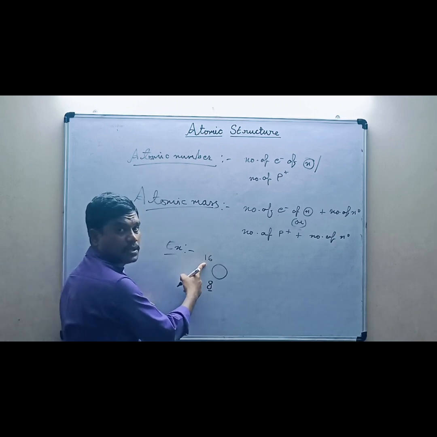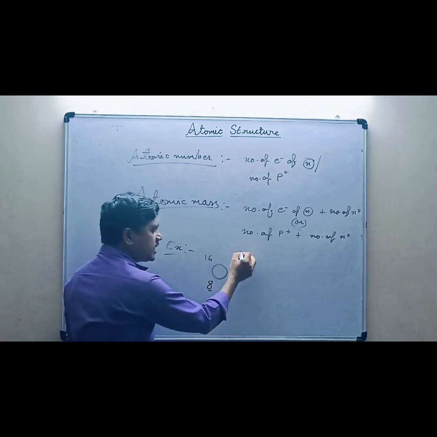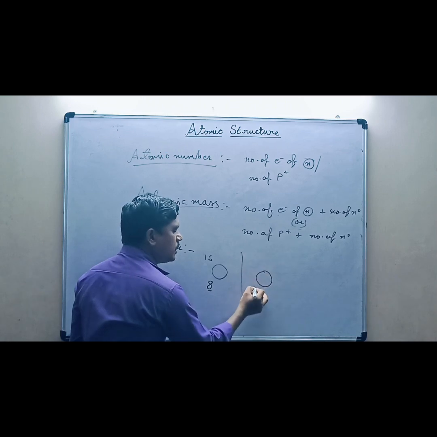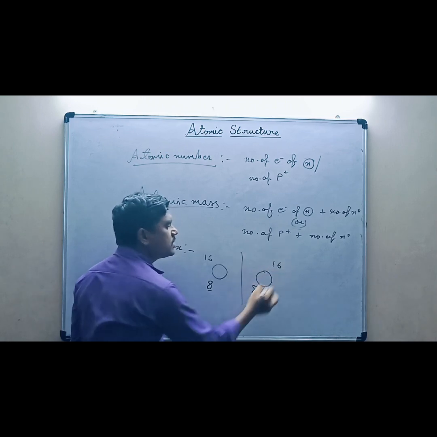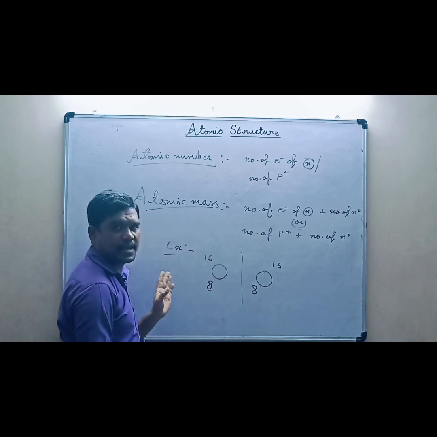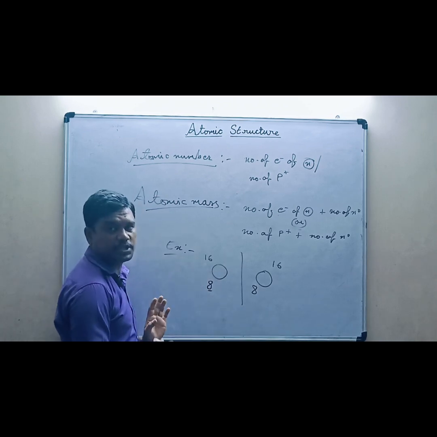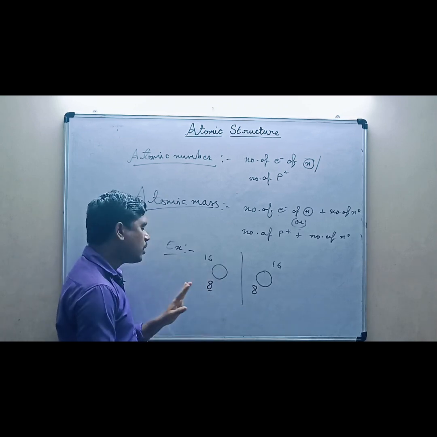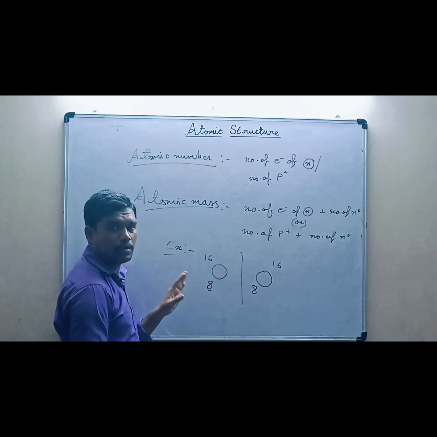In some textbooks, it is shown at the top right, and in some it is shown at the top left. Both are correct representations, but the atomic number should be mentioned at the bottom.